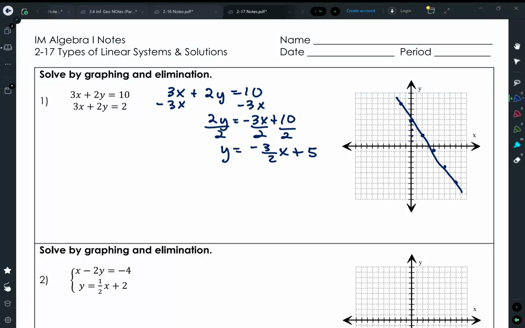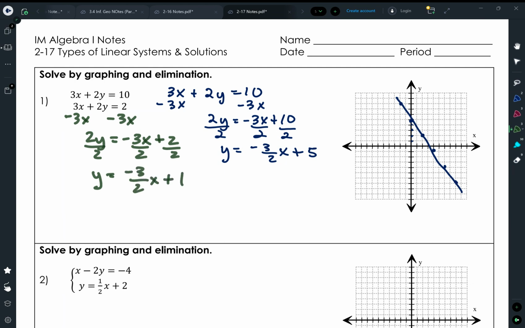All right, for my second equation, I want to do the same steps. So I'm going to subtract 3x on both sides. 2y is equal to negative 3x plus 2. And then I need to divide everything by 2. This is really interesting because I end up with the same slope, but this time my y-intercept is 1. So let's think about what this really means.